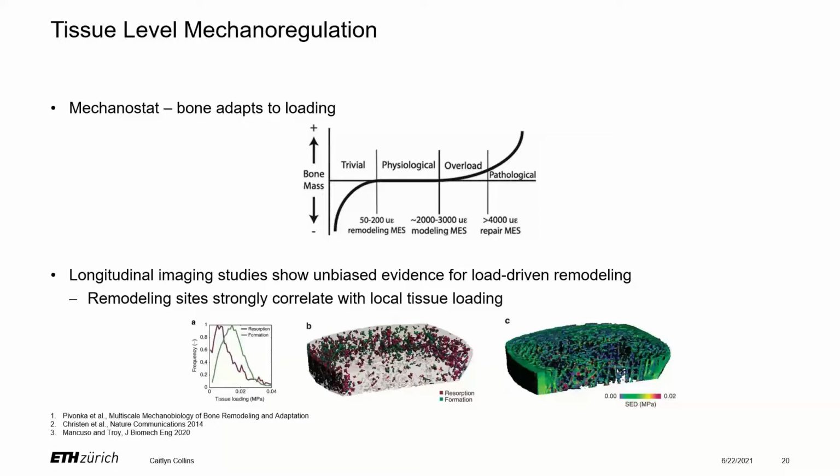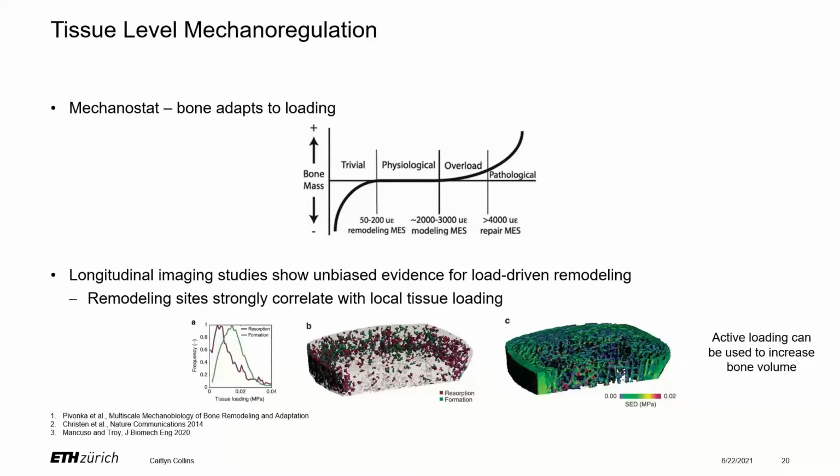And what we know to be true is that these remodeling sites really do correlate strongly with local tissue loading, where formation is in regions of high strain and resorption is in regions of low strain. And this has been further confirmed in a very recent study from last year, where active loading can actually be used to increase bone volume.